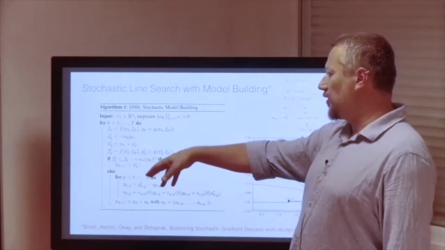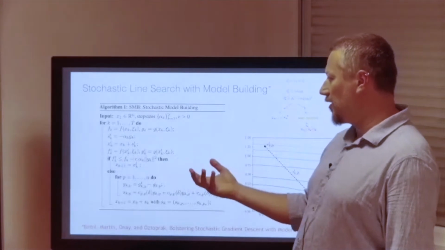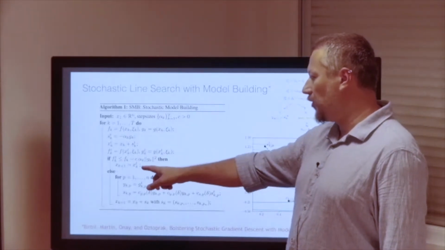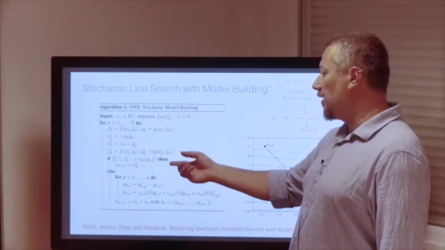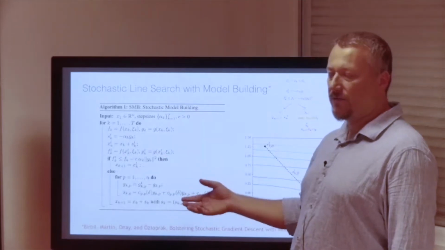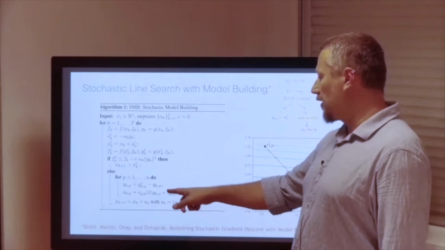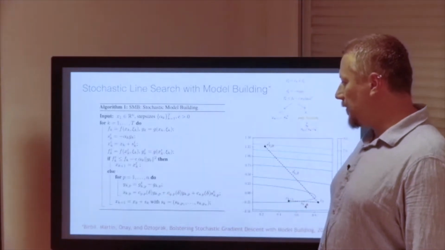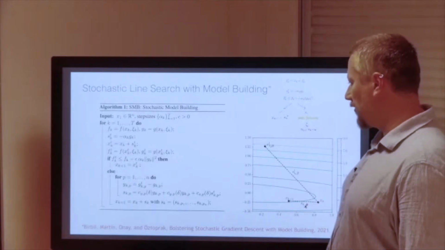You choose the new point, regarding this point as just a trial point. If the Armijo condition is satisfied, you fix that point and move to the next iteration. If not, you build a model, find the minimum analytically, and then you take that step and move to the next iteration.